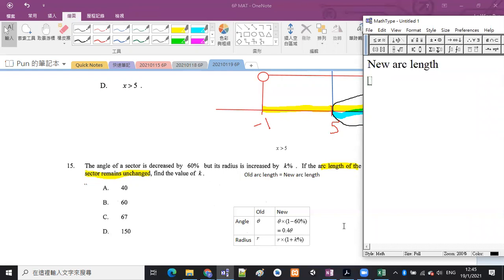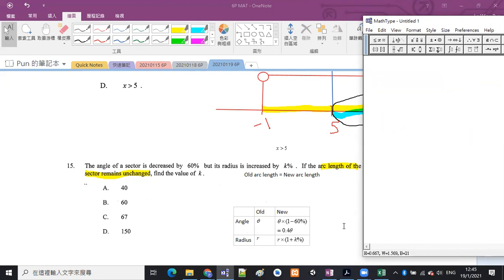arc length 係等於幾多？係2 pi radius，今次就係 r times bracket 1 plus k percent 寫咗出嚟先，times 新嘅 angle 係咩？0.4 theta over 360 degrees.